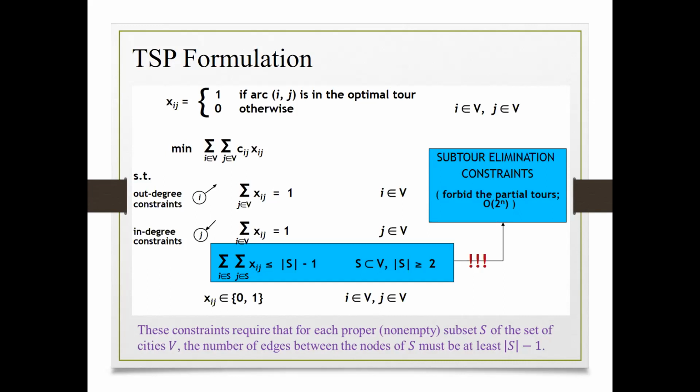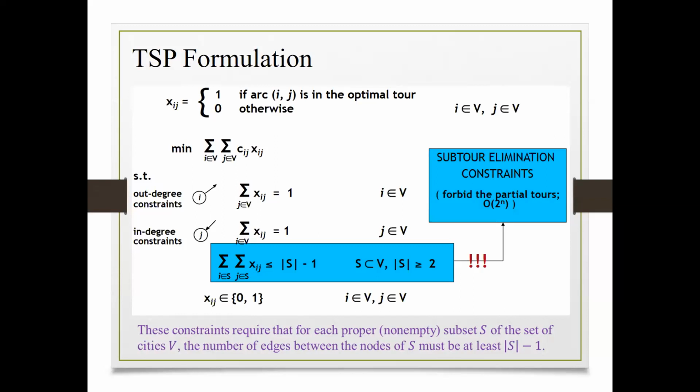There are two summations. The first city I should belong to S. So for every city I that is in S and every city J that is not in S, Xij should be greater than or equal to 1.